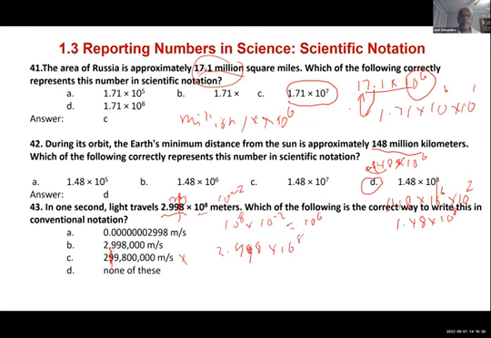So in this number, you have to move the decimal place 8 places: 1, 2, 3, 4, 5, 6, 7, 8. There are five zeros after the decimal place. That's the answer. The correct answer is C. Do you see how I got it? Do you have any questions?